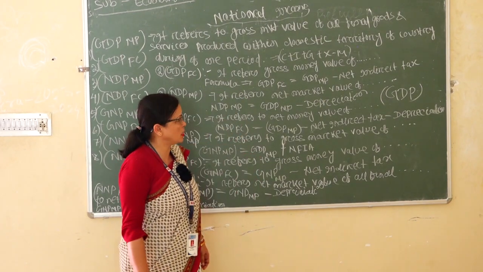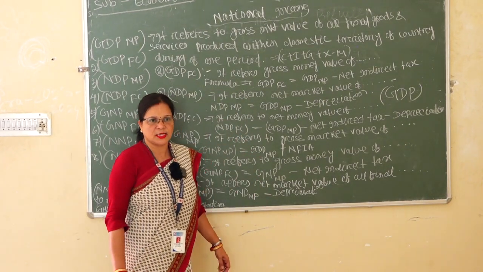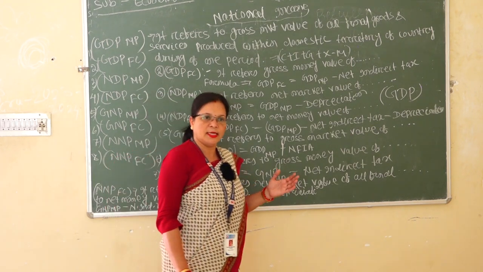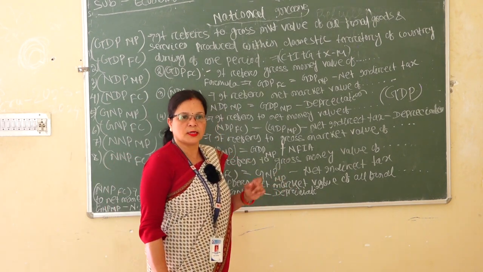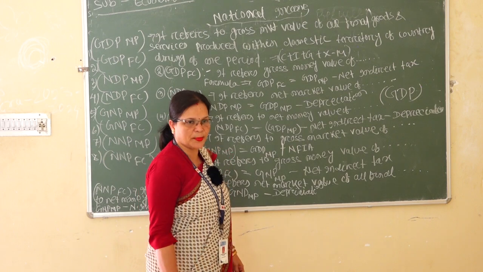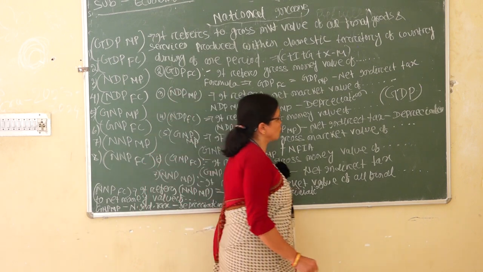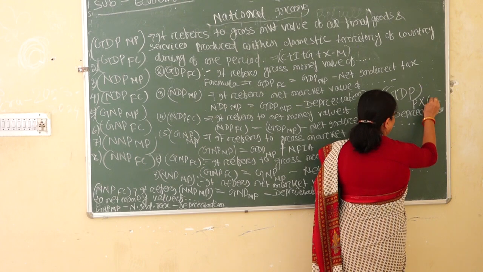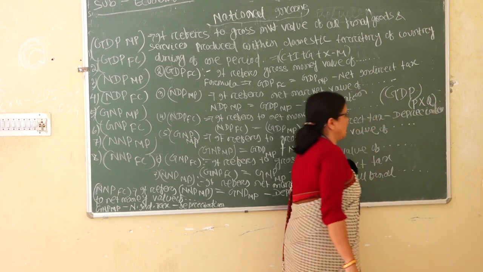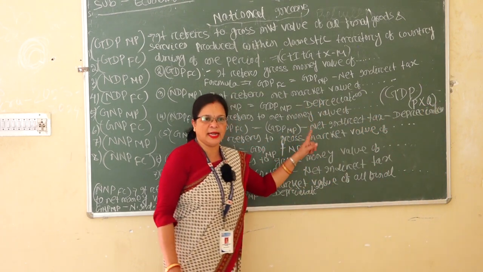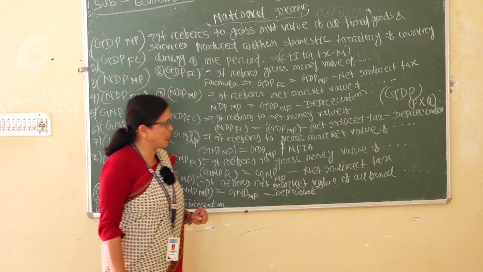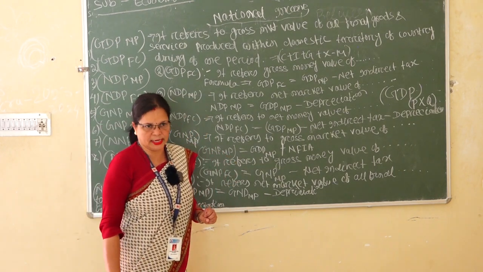GDP means all the final goods and services that are produced in a country within a year. How to calculate GDP? The formula of GDP equals P into Q. P means price and Q means quantity.